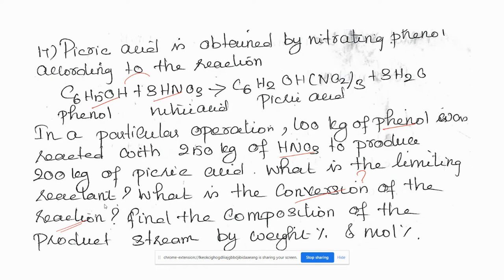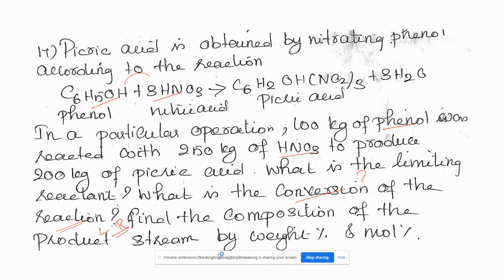Where there are two reactants, that is limiting and excess reactants, generally if it is given like this, we should consider the conversion of the limiting reactant. So in the first step, we should find which is the limiting reactant and excess reactant. In the next step, we should find the conversion of the limiting reactant.